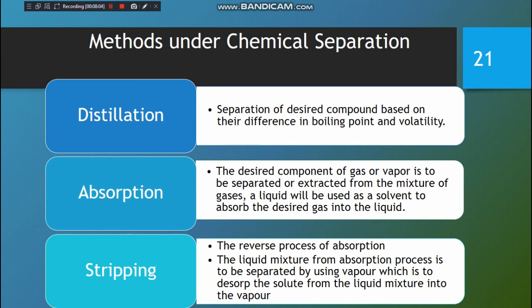So the definition of stripping is that once a solute is dissolved in a solvent, it is often necessary to separate the solute from the absorbent in a stripping operation to recycle the solvent back into the absorber.